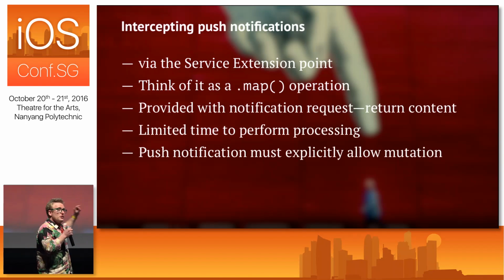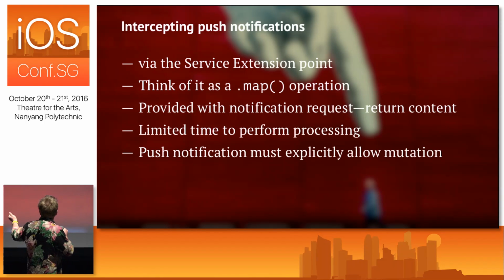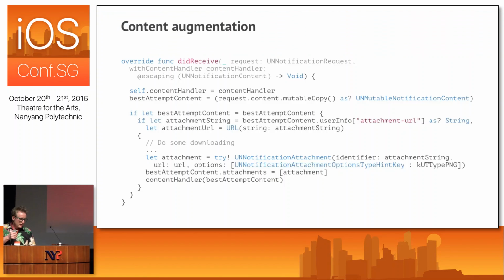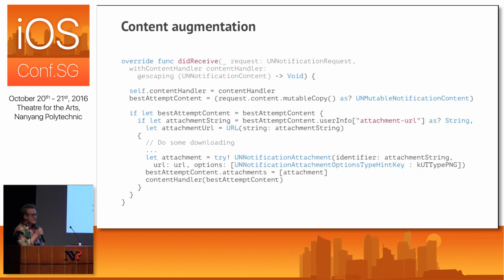You only get a short amount of time to do this, and as such, there is a method in there that will call you back saying, you've had too long, give us the best that you can. And the push notification must explicitly allow mutation. I can hopefully demo that, but I think I'm pushing my luck. We'll get to that in a second.